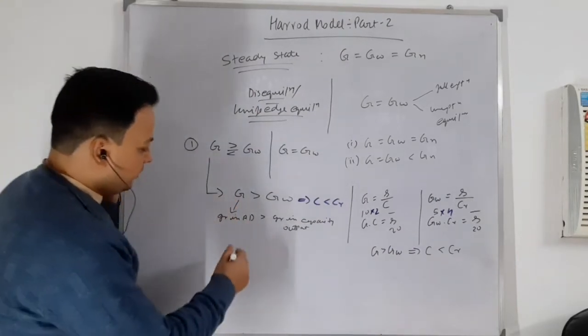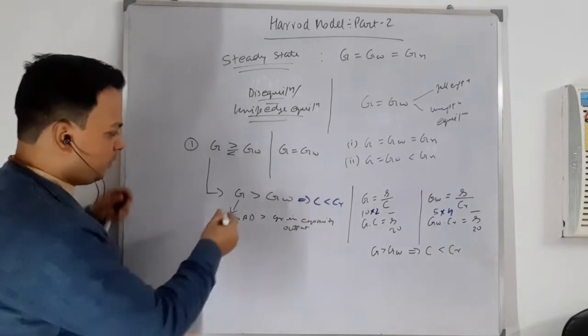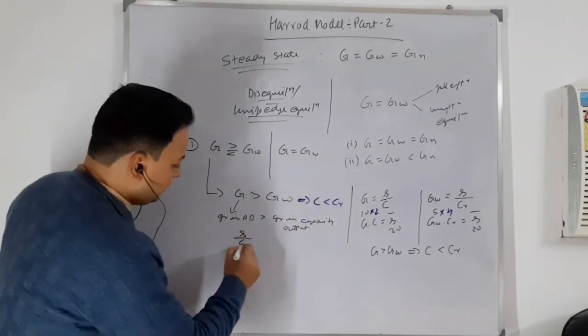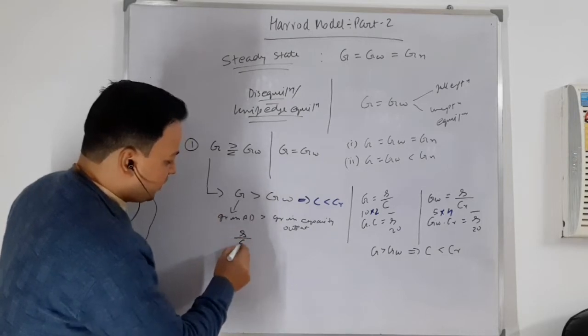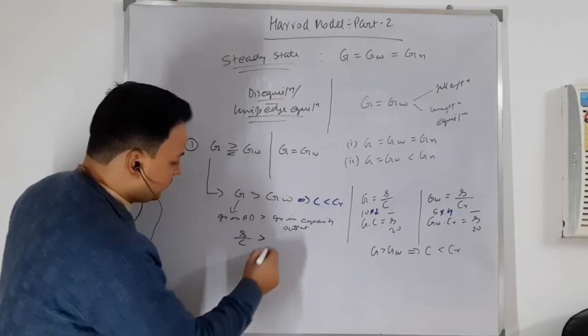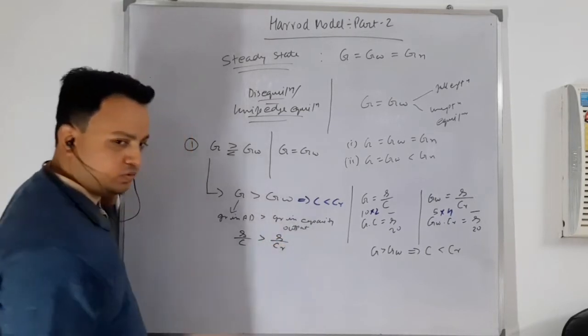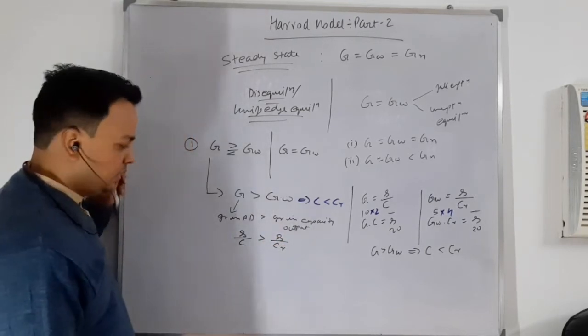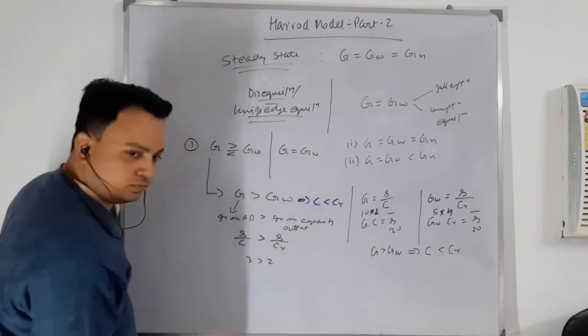Or you can use this equation to understand. You can look at it differently. One is the mechanical way. So you have growth as the ratio of saving and actual capital output ratio, and this is the ratio of saving and required capital output ratio. You know that here 3 is greater than 2.